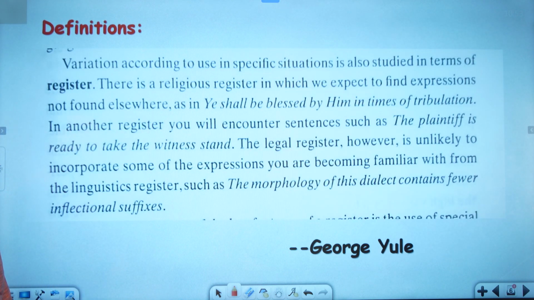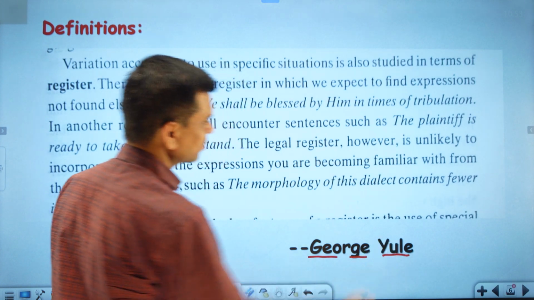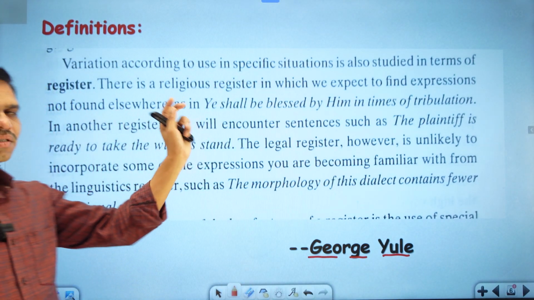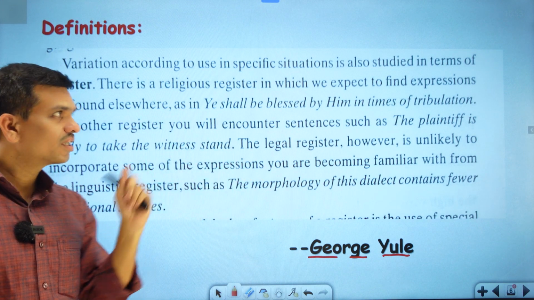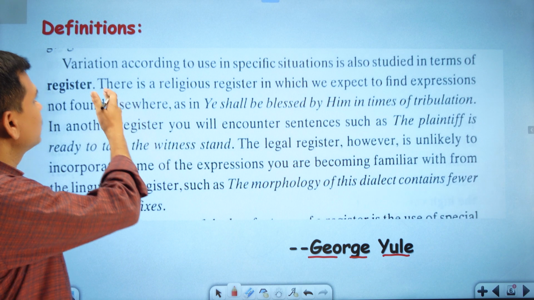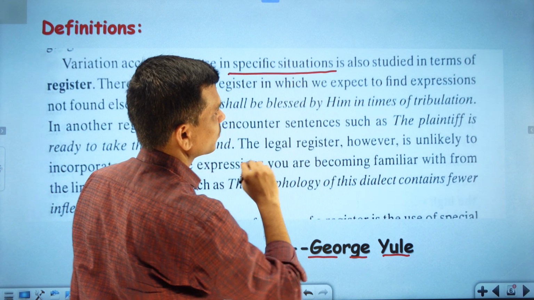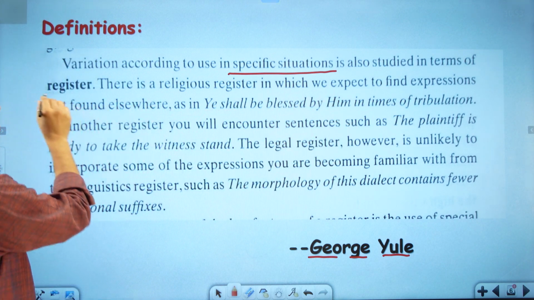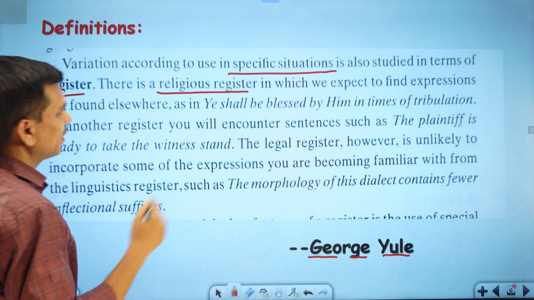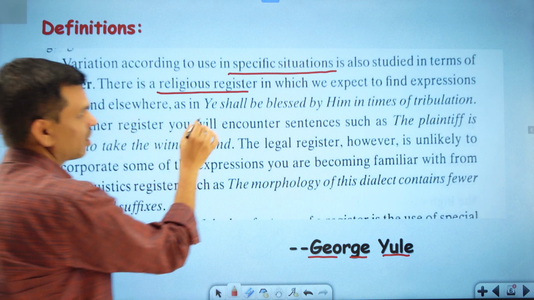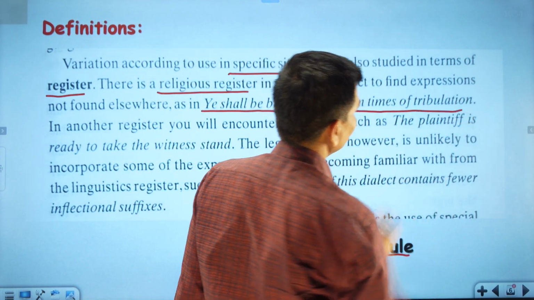Then we have the next definition by George Yule, and George Yule states that it is nothing but a particular language used in different types of sectors or fields. So it is nothing but variation according to use in specific situations. It is studied in terms of register. He says that there is a religious register, and in religious register we have an example like: ye shall be blessed by him in times of tribulations.